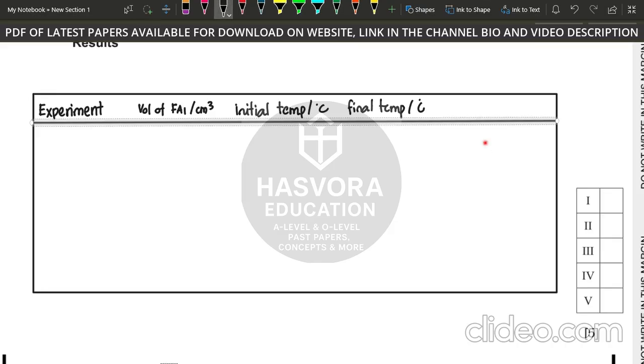The final heading will be temperature change, and it will also be in Celsius.